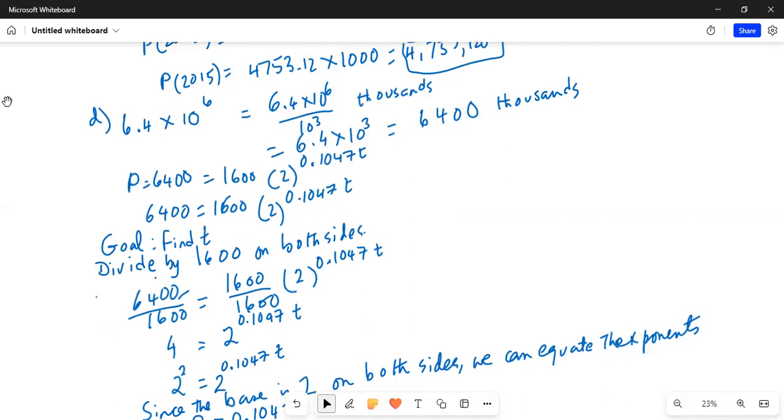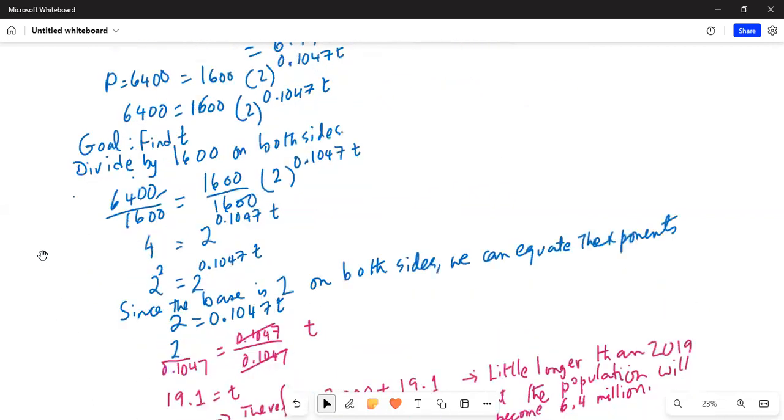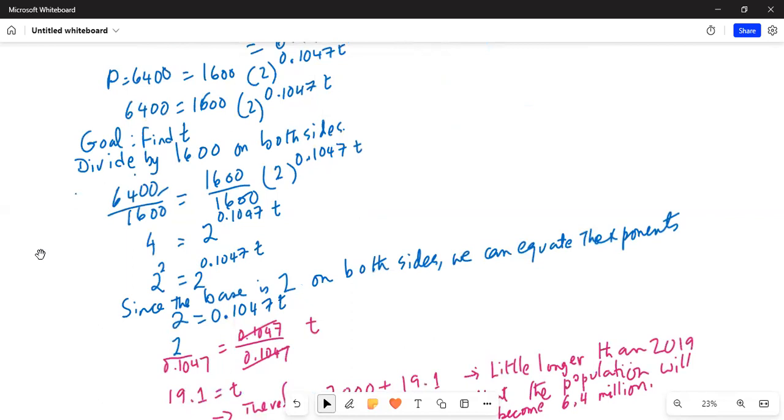Okay, so let's move up a little bit now. So 2 is equal to 0.1047t. I equated the exponents or powers on both sides because the bases are the same. So 2 equals 0.1047 times t, divided by 0.1047 on both sides, t is equal to 19.1.